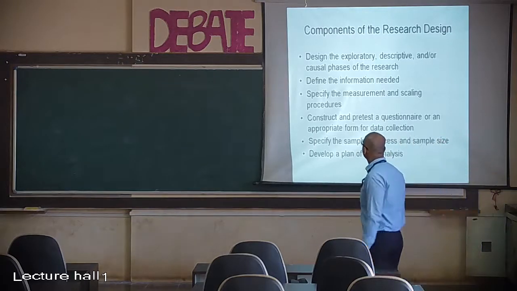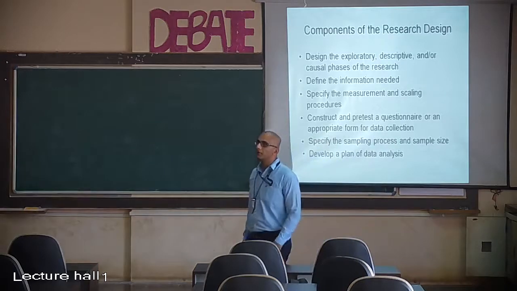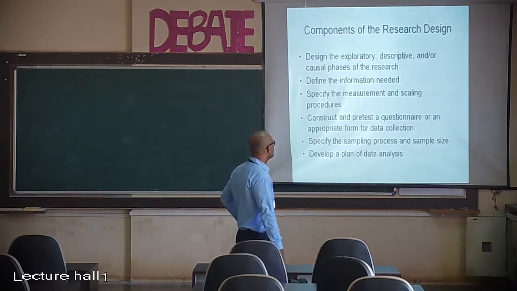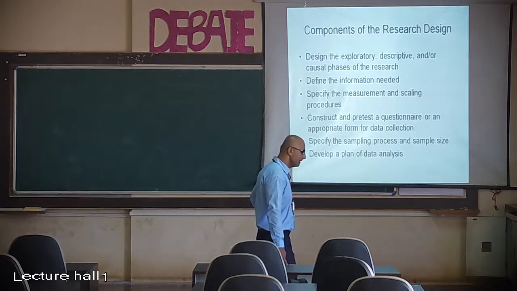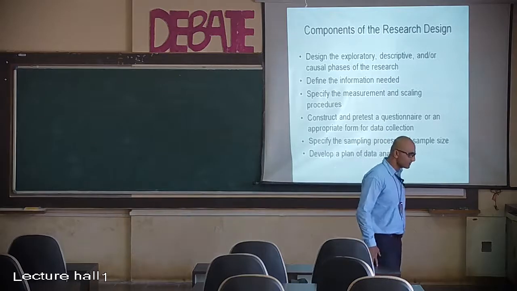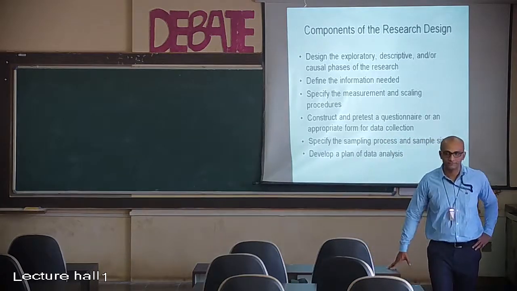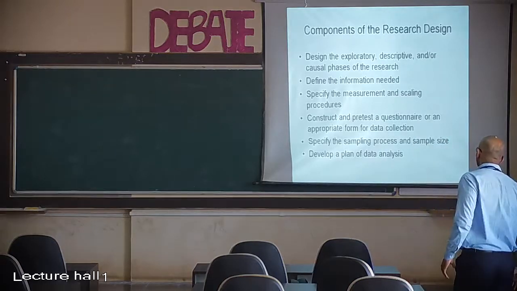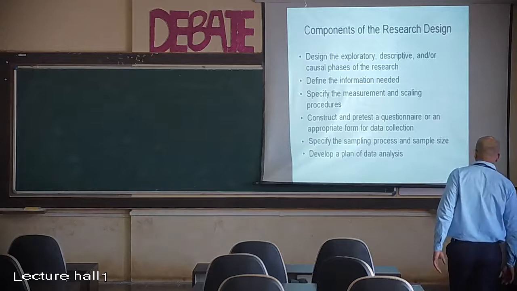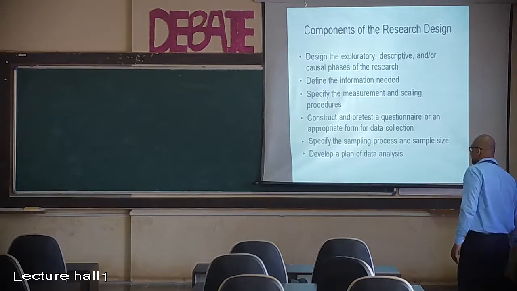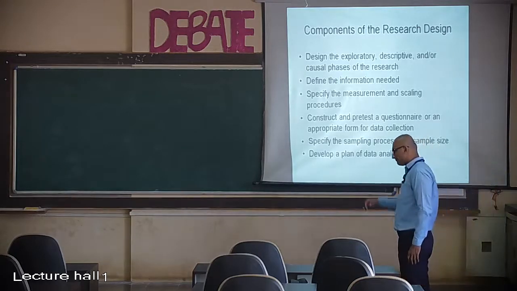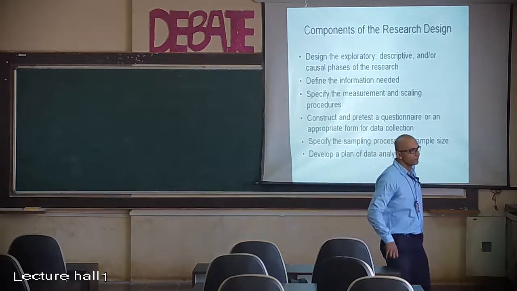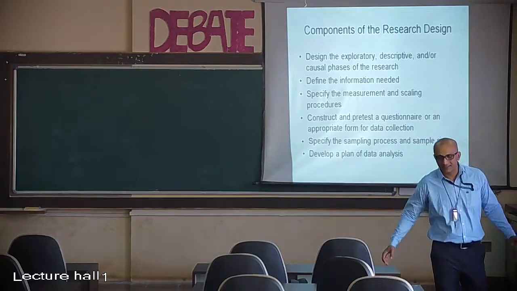Now, the second one is, what are the components for doing the research design? In the components of research design, we need to explicitly mention the types of information that we require. Information required would be the company's previous records, the customer profiling, the competitors, and the context detailing.